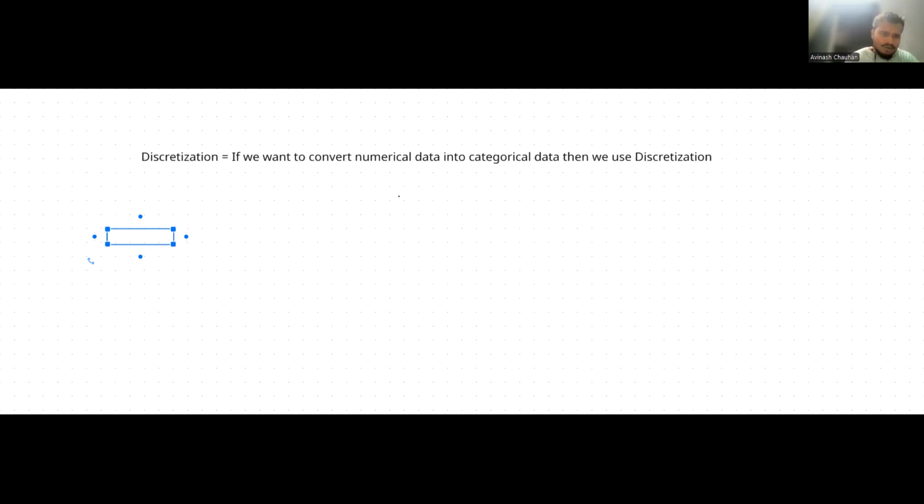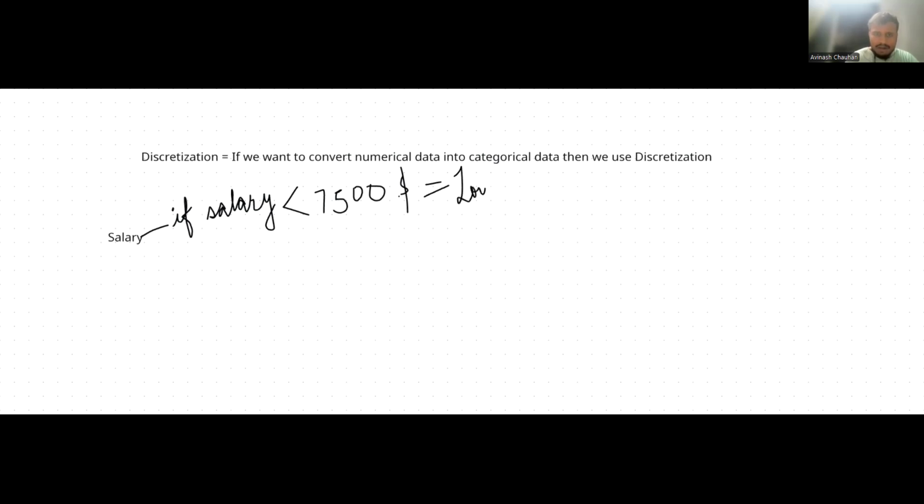And what we will do, if my salary is less than $7,500, then we will assign it to my category as low. So basically this will come under the low category.